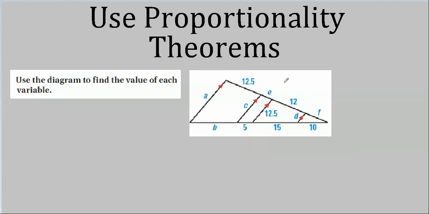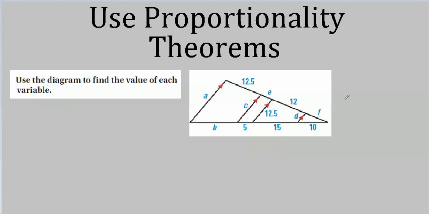Let's check it out. Let's start down here at the right. What the heck? Just work our way to the left. What about F? Well, here we have transversals cutting two parallel lines, so the ratio of this section to this section must be the same as the ratio of this section to this section.